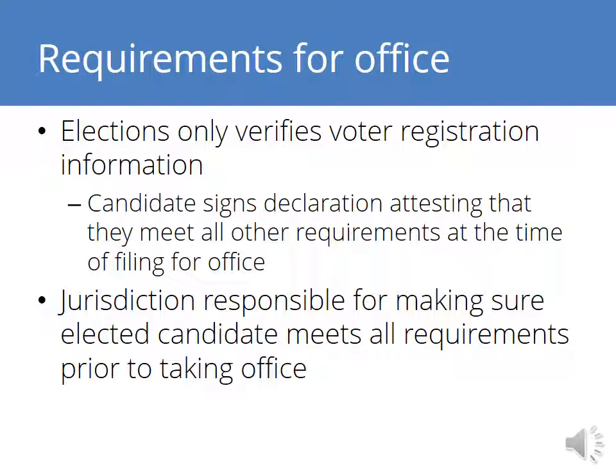Our staff does not confirm that the candidate resides in the district position for which they are filing, such as a specific director district within a school district. It is the jurisdiction's responsibility to make sure the elected official resides within the boundaries of that district and meets any other requirements for office before that person takes office. Any concerns about this process should be directed to the jurisdiction's legal counsel.